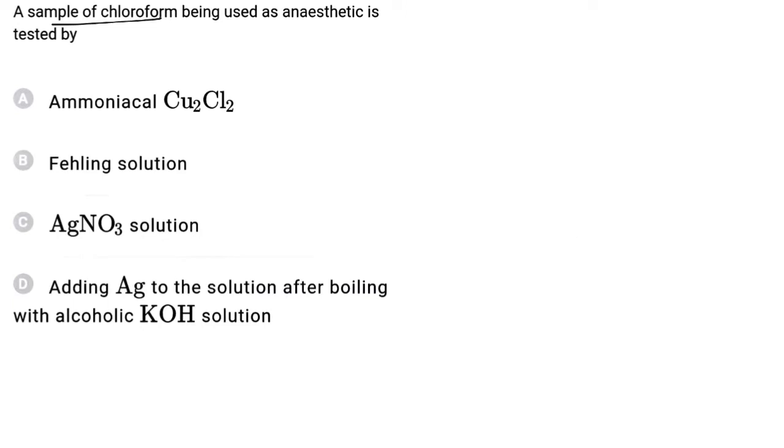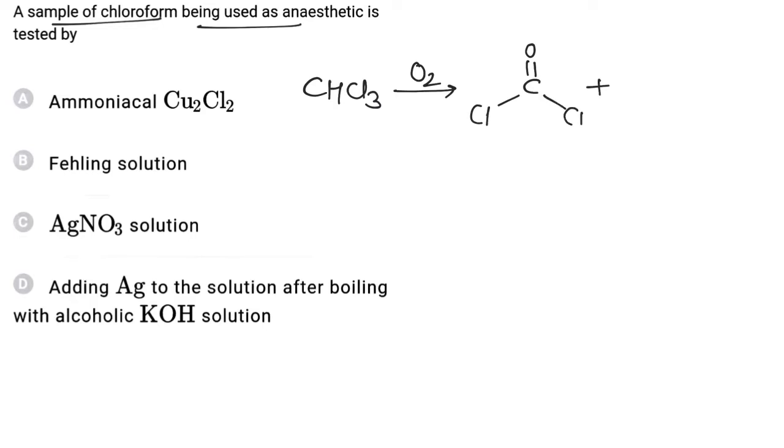A sample of chloroform being used as an anesthetic is tested by, so chloroform in the presence of air is converted to phosgene, and along with phosgene HCl is formed. Now reacting this with AgNO3 will form a precipitate of AgCl.